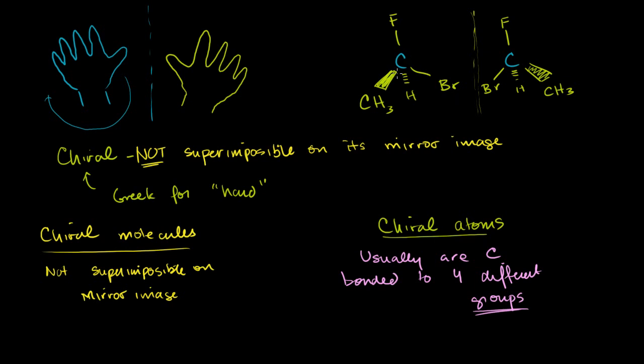Well, it's a little bit of a visualization challenge, but no matter how you try to rotate this thing right here, you will never make it exactly like this thing. You might try to rotate it around and try to get the methyl group over here to get it over there. So let's try to do that. But if we try to get the methyl group over there, what's going to happen to the other groups?